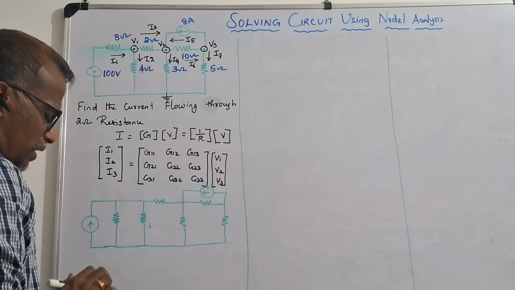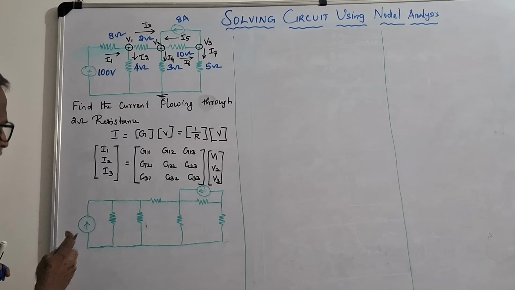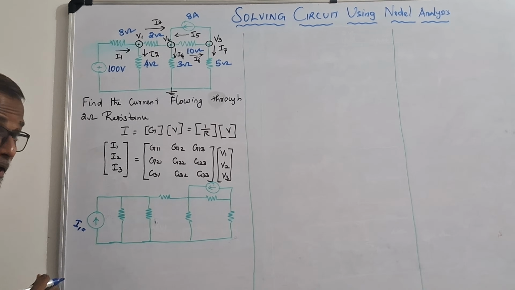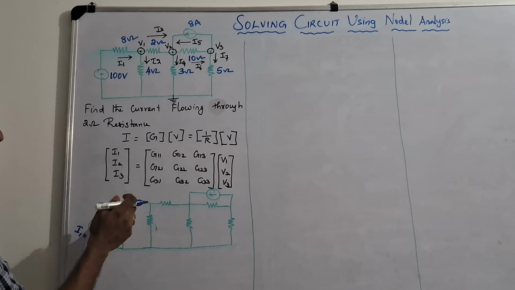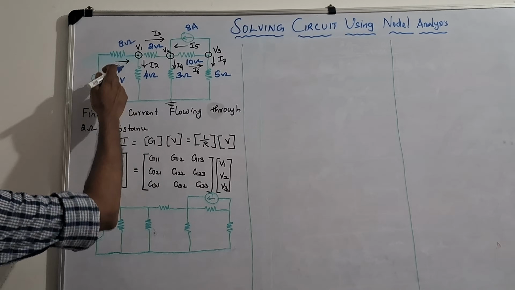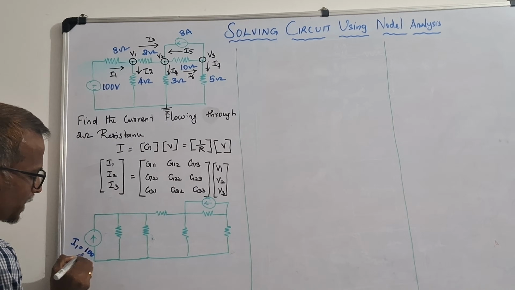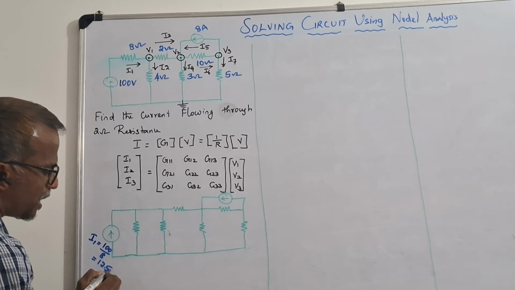Now let me write all the values. This current is called I1. How do we write the I1 current? For this particular node, the resistance is 8, so we have 100 divided by 8, which is 12.5 amps.